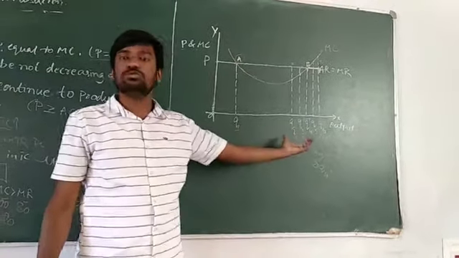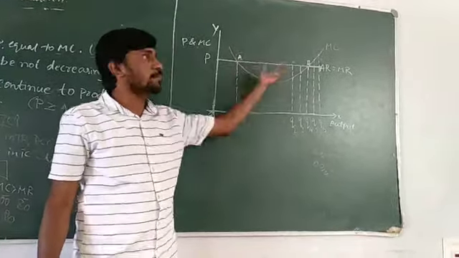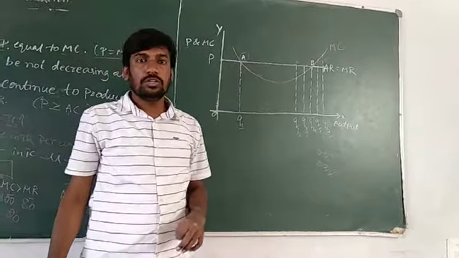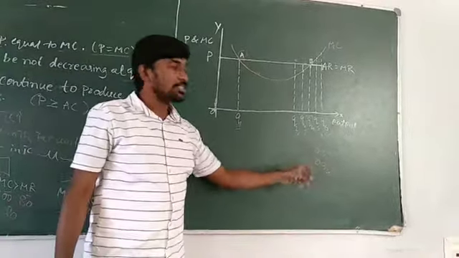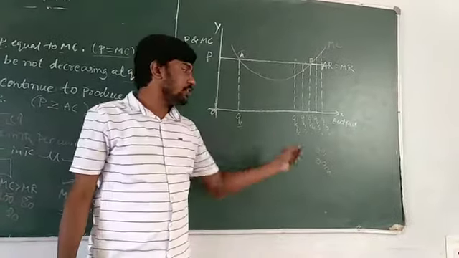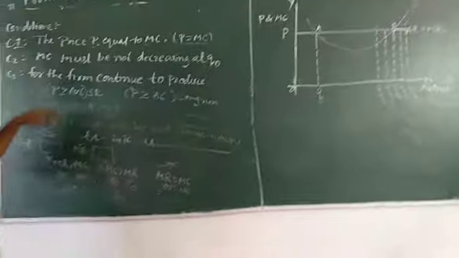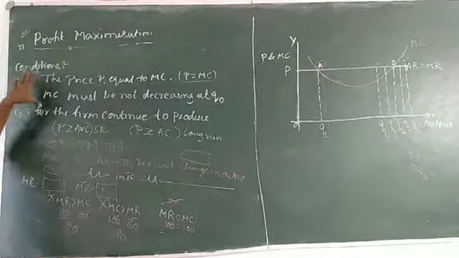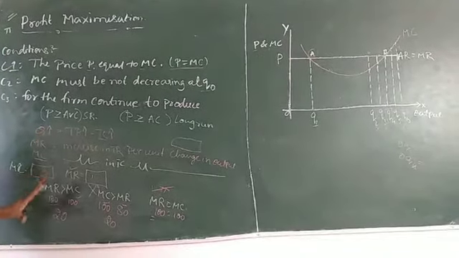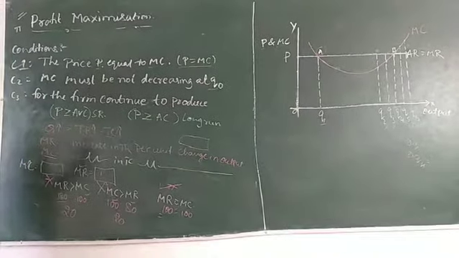But here we have two situations where the price and marginal cost are equal. So now we have to find among these which one gives maximum profit to the firm. Let's see the second condition. If the firm satisfies all 3 conditions, then only the firm can get maximum profit.